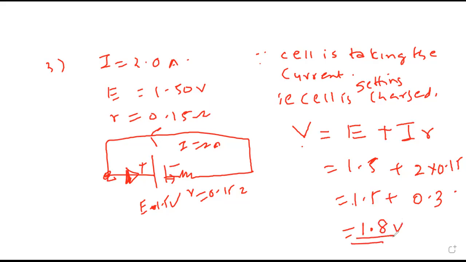The answer is not matching, something they have given is wrong. The third answer they have given is 1.2. 1.2 will come when it is supplying current from positive to negative.